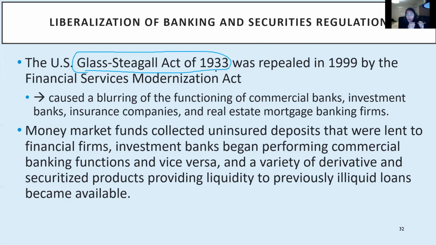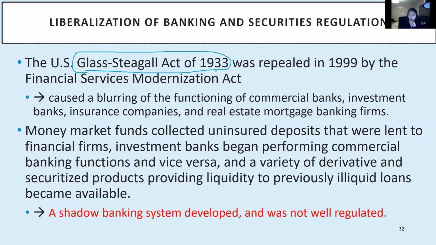If you want a commercial banking license, you need to follow strict rules, and you are monitored by the regulators. But investment banks, insurance companies and so on are not subject to the same regulation. So as the Glass-Steagall Act was removed, everyone could do anything. Even insurance companies can come up with an idea where they can get deposits, okay?